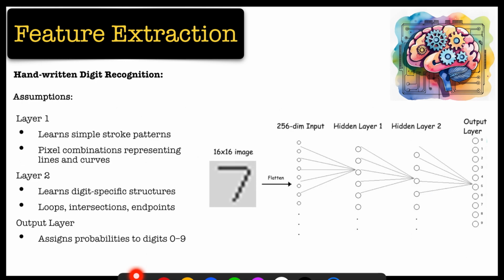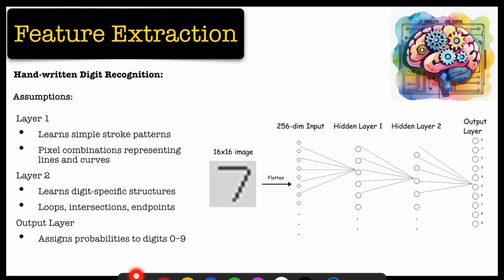We cannot know directly what features this network is learning, but this is our assumption. The first layer might learn simple stroke patterns, pixel combinations representing lines and curves.